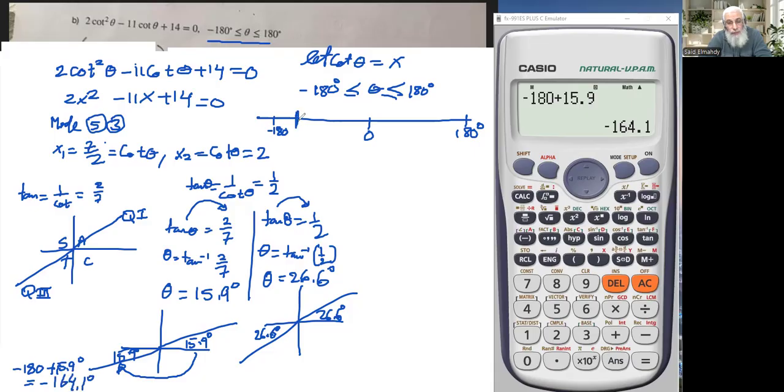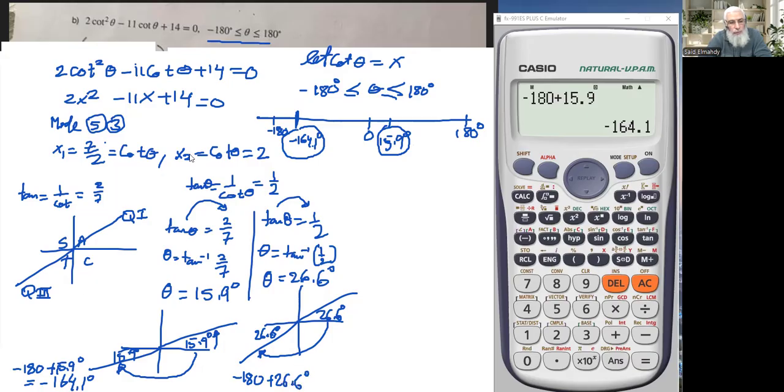This is here. So we have one solution, negative 164.1, and we have this angle, which is positive 15.9. This is another solution. And we have this angle, which is negative 180 plus 26.6.